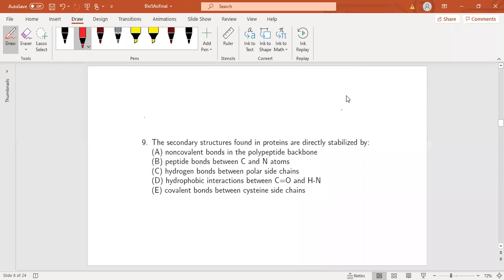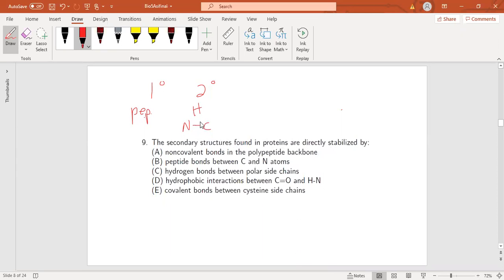So let's take a look at number 9. The secondary structures found in proteins are directly stabilized by. So let's look at the 4 structures of proteins. We got primary, which are held together by peptide bonds. We got secondary structure, which is held together by hydrogen bonds. However, that's between the amino group hydrogen and the oxygen from the carboxylic acid, right?